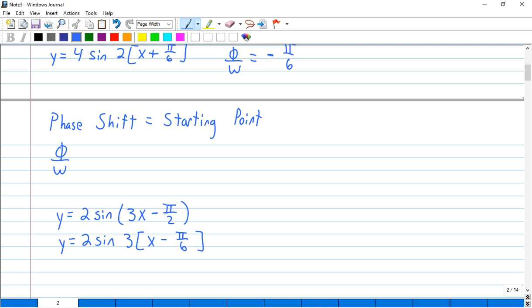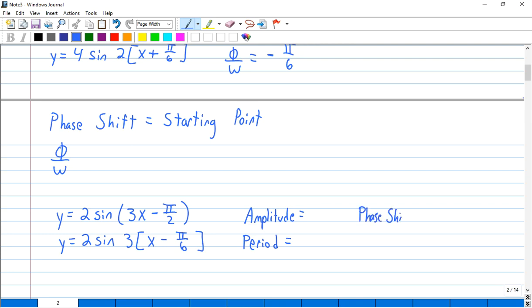Okay. After you rewrite the equation, the next step is to write down some of those same things that we did before when we were graphing. We need to write down the amplitude. We need to write down the period. We need to write down the phase shift.